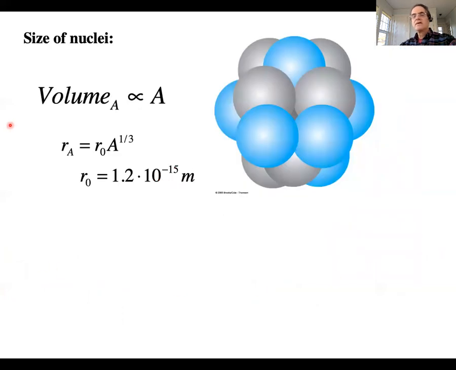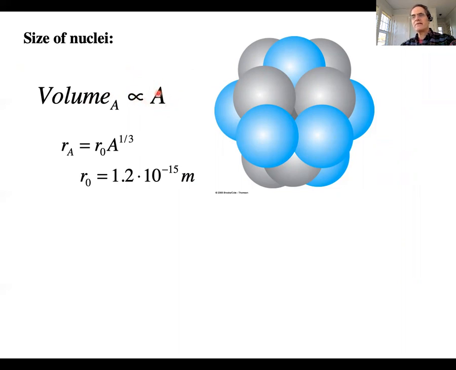As we've mentioned, nuclei are very, very small, and they're very, very dense because they contain nearly all of the mass in the atom. What we'll see is that a nucleus can be thought of, if you like, as a tightly packed ball of nucleons. And as a result, the volume of a nucleus is approximately proportional to the mass number.